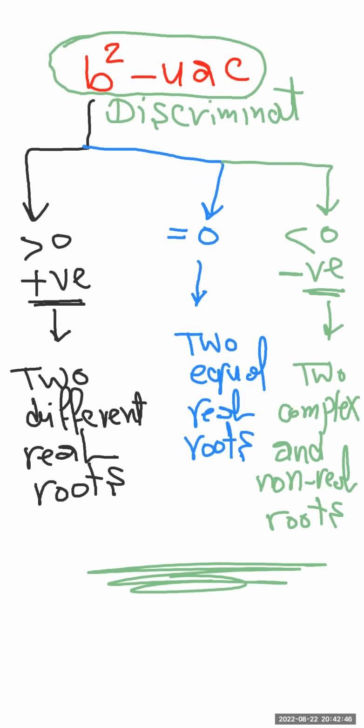If the discriminant is equal 0, there are two equal real roots. And in the last case, if the discriminant is negative or less than 0, the two roots are complex and non-real roots. Okay? Any questions?